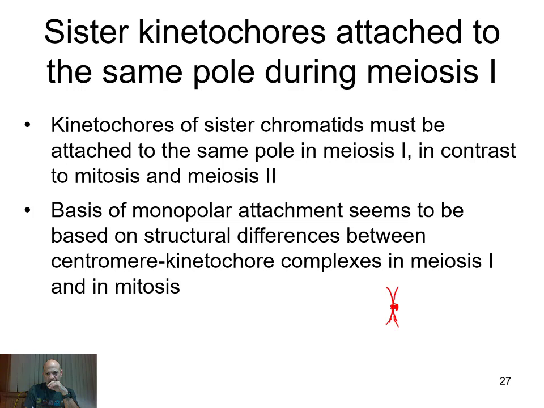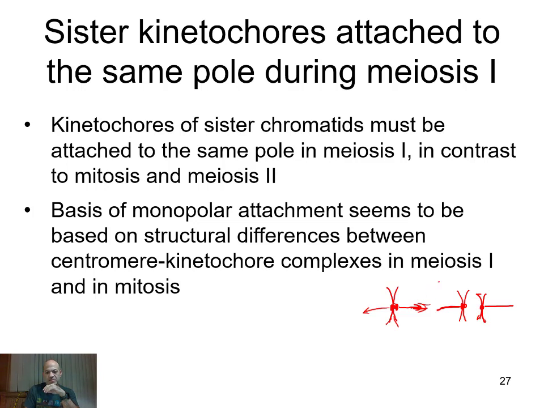It's a little plaque protein on either side. And in mitosis, each chromatid connects to a microtubule at the kinetochore, and then the sister chromatids are going to get pulled away. But if this is meiosis 1, both the kinetochores are going to connect only to one pole, and the other one of the pair is going to connect to the other pole.